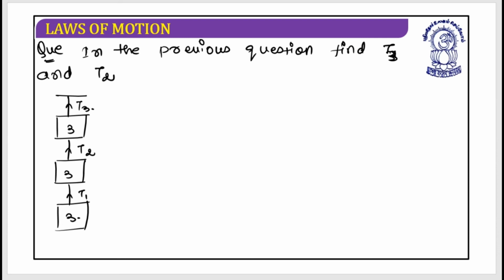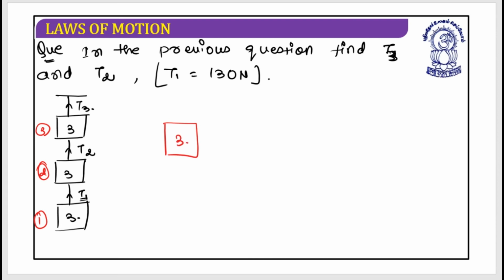How could you do this? Let's have an FBD one by one. You know that now T1 equals 130 Newton. Let's have a free body diagram: this is the first block, this is the second block, and this is the third block. Let's have a free body diagram of the second block. Isolate it. Here it is.